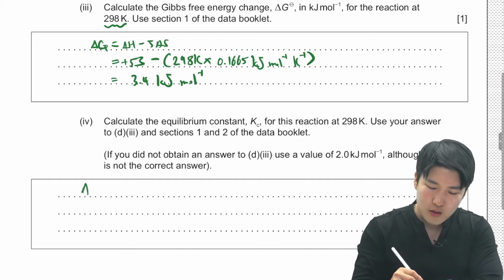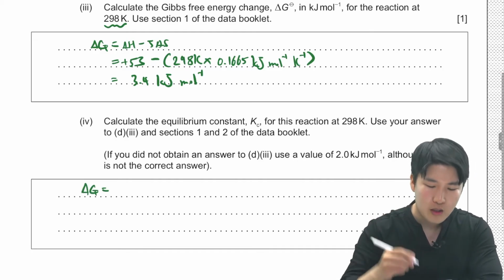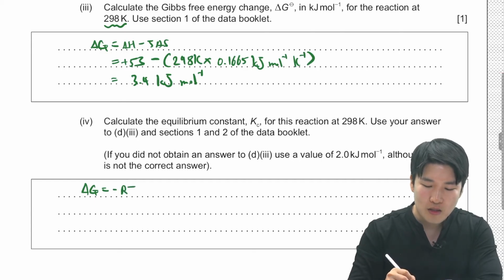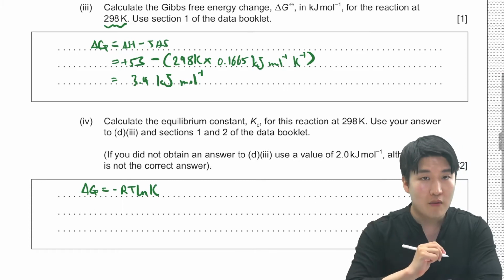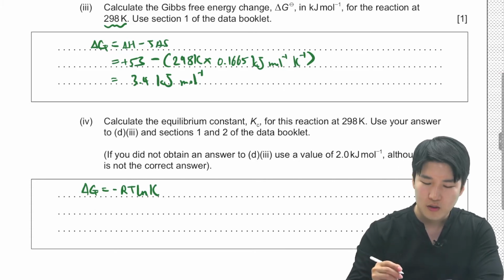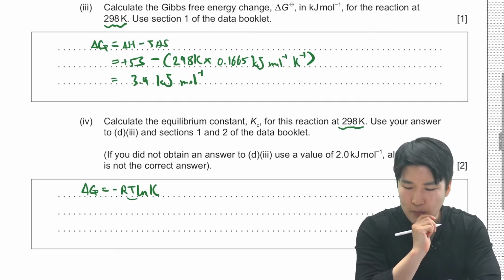Delta G can also be linked to Kc value. How? Remember, delta G equals minus RT ln K. We know the R value, the gas constant. T value, we are again asked to utilize 298 Kelvin, room temperature.